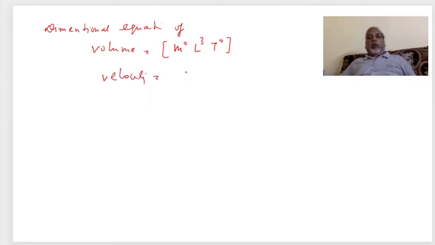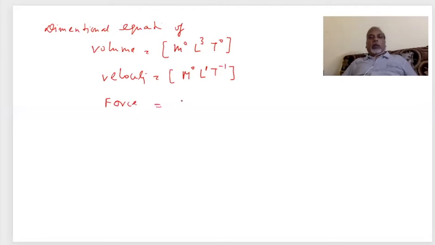Velocity, we know, meter per second. Then you can write it as M0 L1 T minus 1. Correct? For the force, what is the dimensional equation?